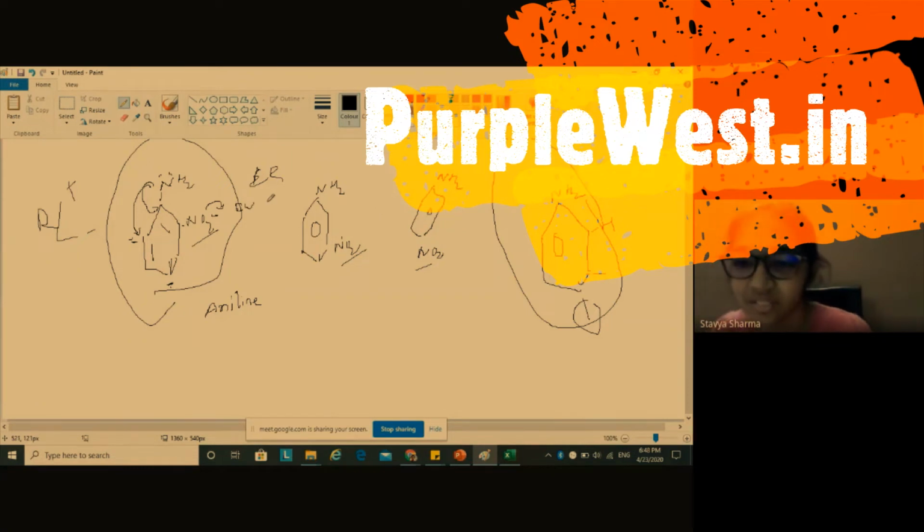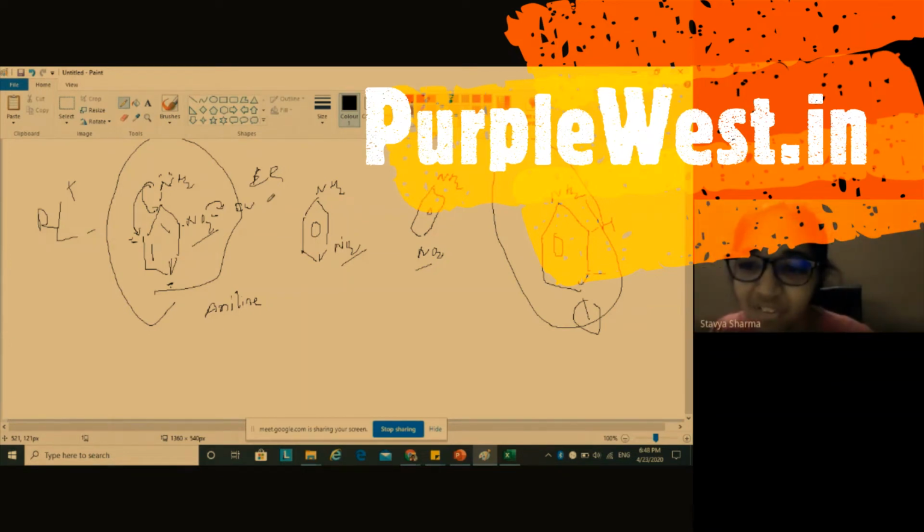Yeah, because of the multiple bond, right? Now, nitro is withdrawing the electron, but the lone pair of electrons are shifting from ortho to para to meta. So in this case, the electron urge of nitro is fulfilled best.